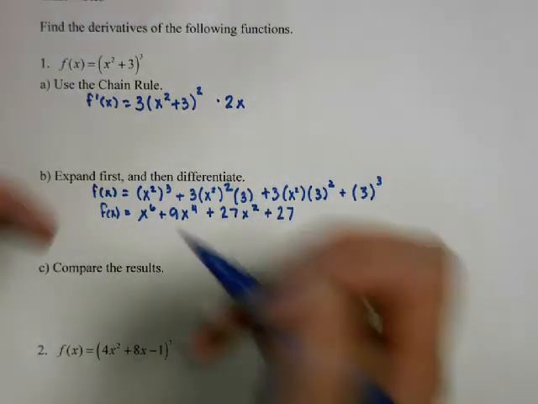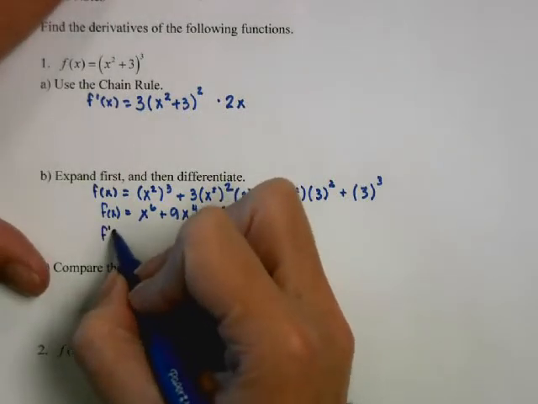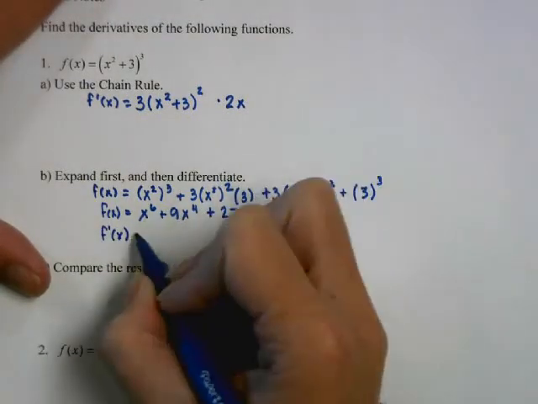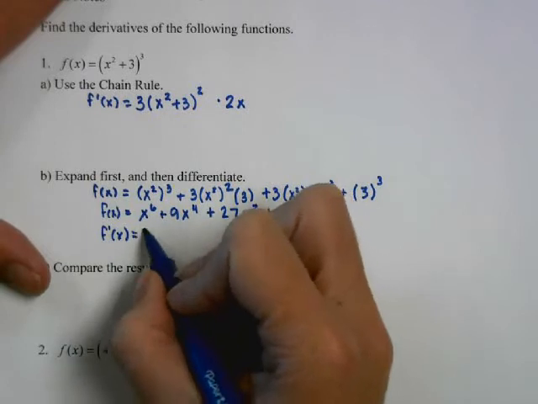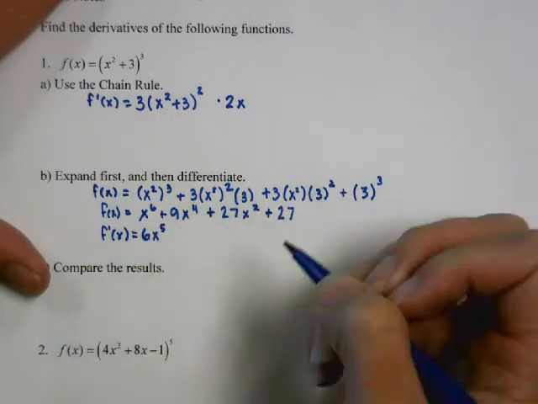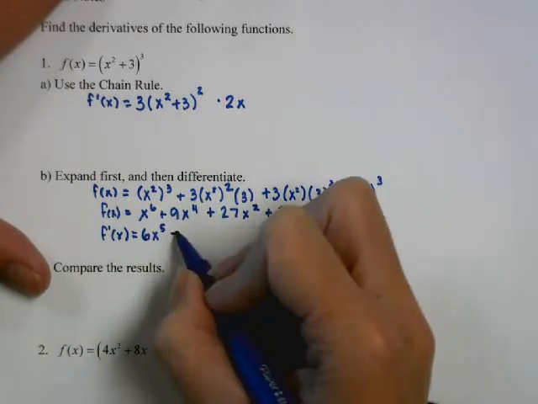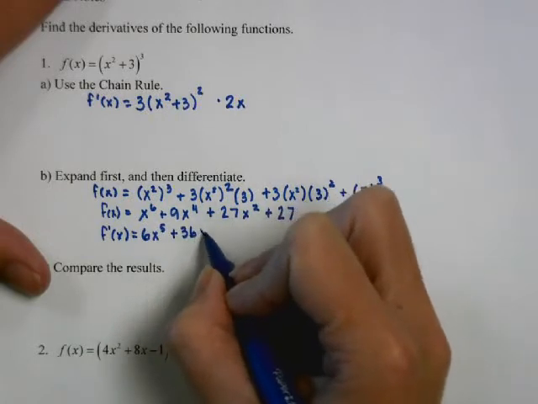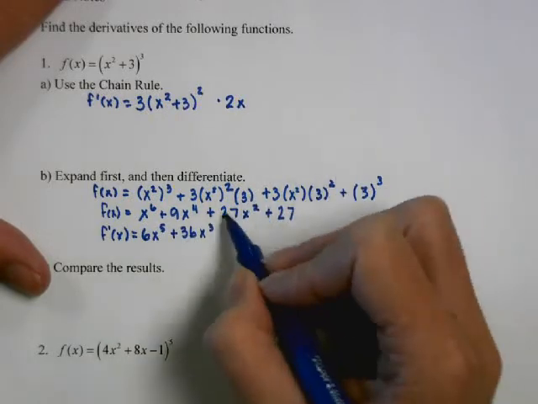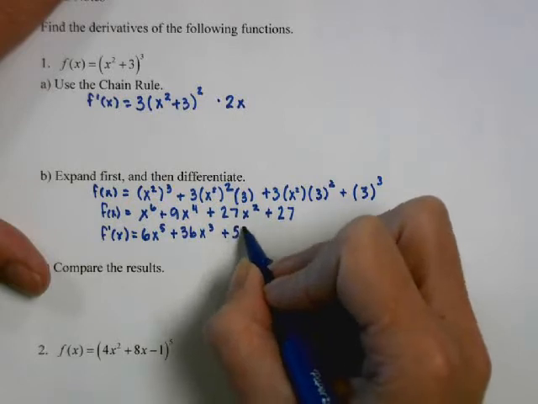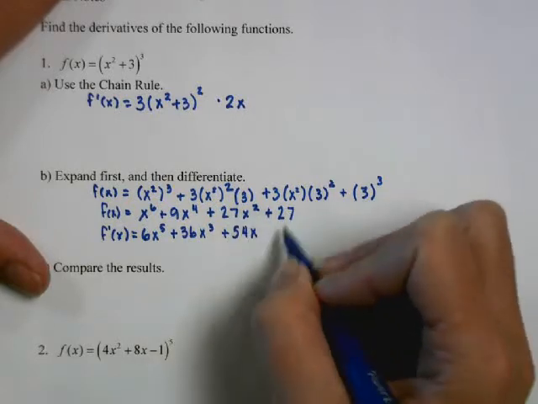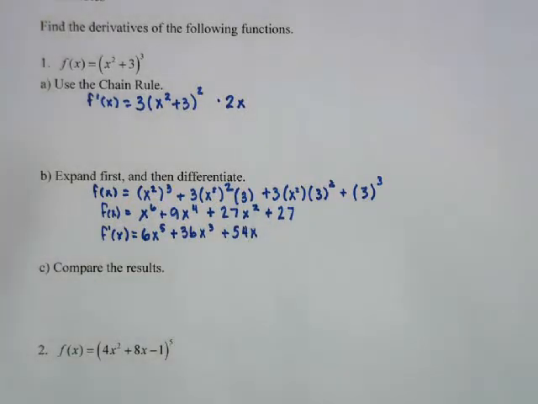Now we'll take the derivative, just using the power rule. This is going to be 6x to the 5th. Multiply this down, so 36x cubed. Multiply that down, 54x, and then the derivative of a constant is just 0.